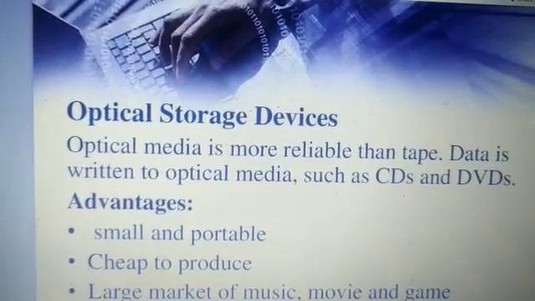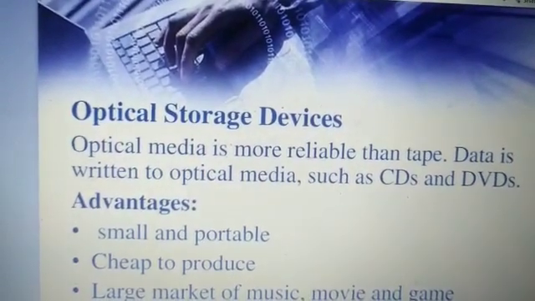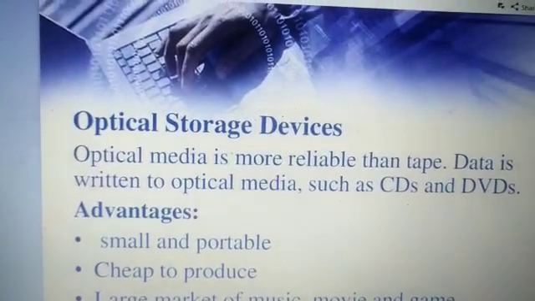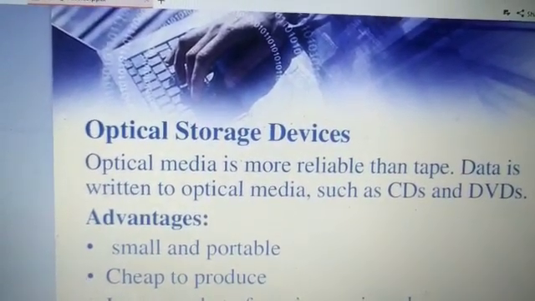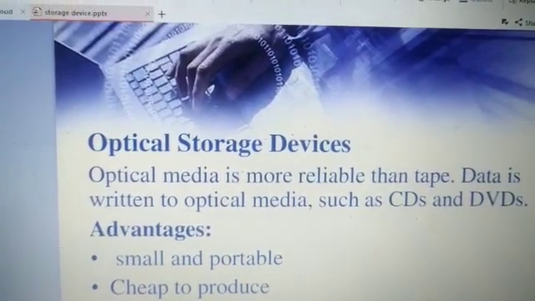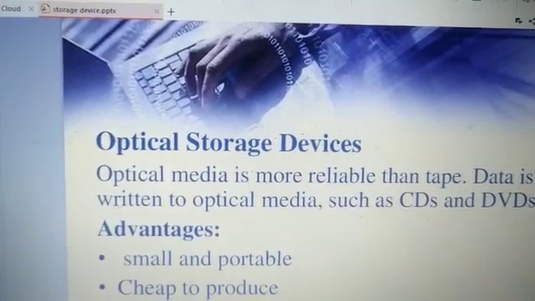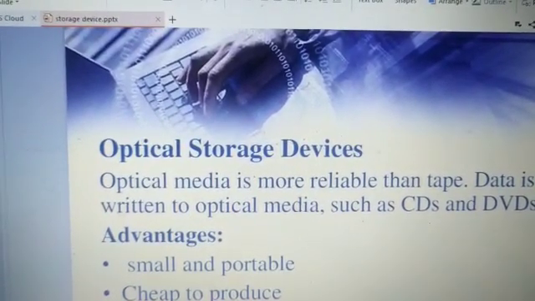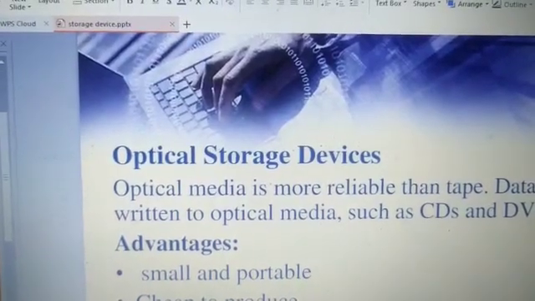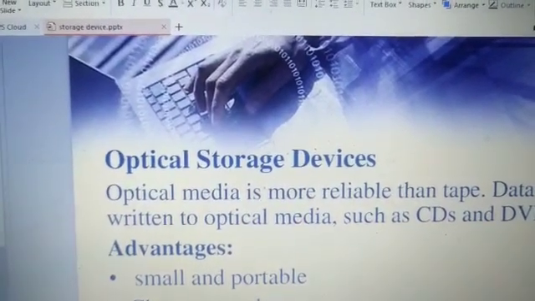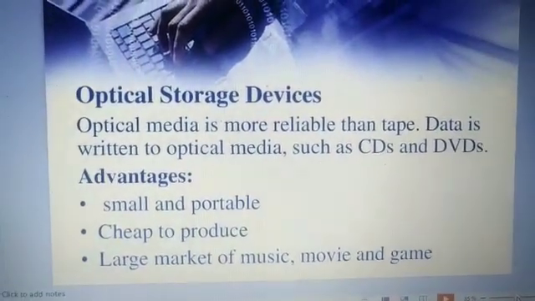It is made of polycarbonate plastic discs of 12 centimeter diameter and 1.2 millimeter thickness. Smaller 8 centimeter diameter CDs are also available. The total capacity is mostly about 700 MB, and it is used to play audio. It can run about 80 minutes of audio.